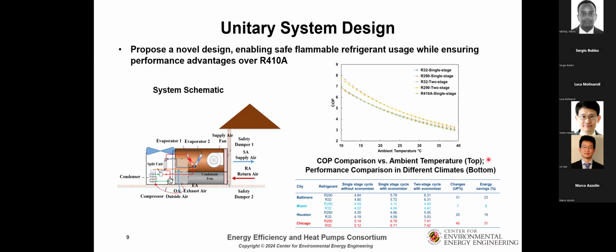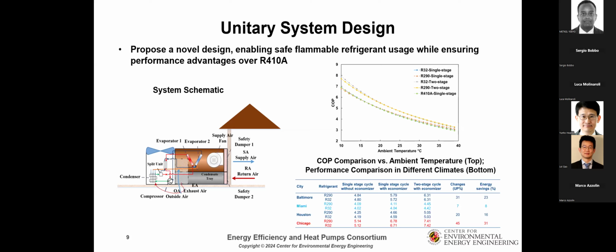The simulation result shows the system performance along with ambient dry bulb temperature change. Different colors of the lines represent different cycle options, including single stage, two stage, and different refrigerants like R32 and R290, and the baseline R134A.